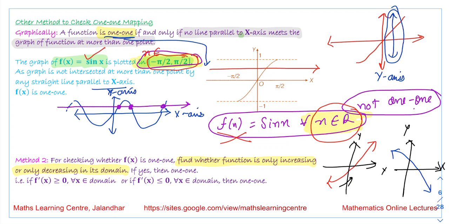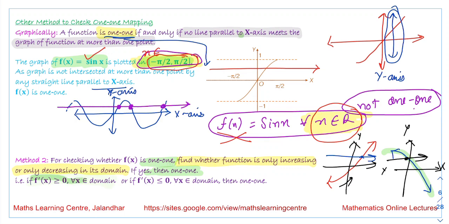If we draw a line parallel to x-axis, it will always intersect at one point. If we have some decreasing function and draw a line parallel to x-axis, it will always intersect at one point. So if we are able to prove that the function is increasing or decreasing in its domain, then that particular function is a 1-1 function.